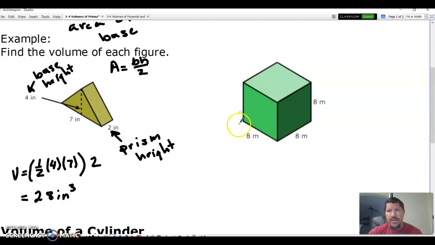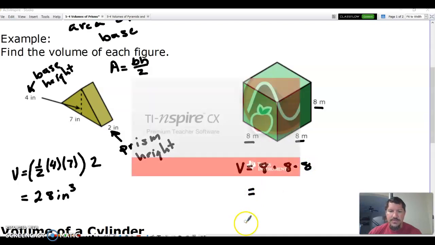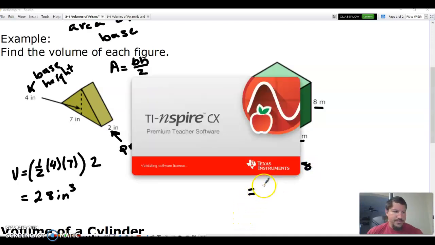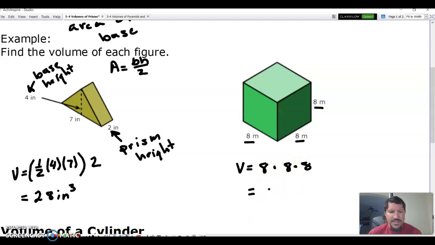Okay, right here, since they're all the same, it's a cube, but you would do this exact same thing for a rectangular prism. So volume is just 8 times 8 times 8. So 8 times 8 is 64. 64 times 8 is going to be 32.